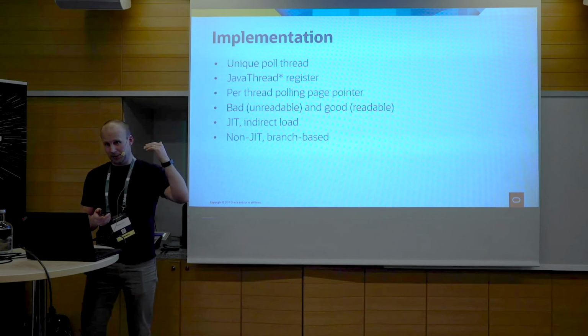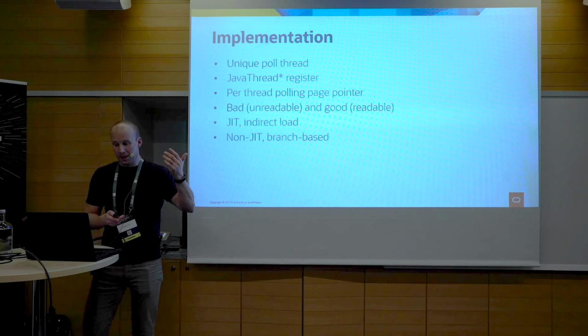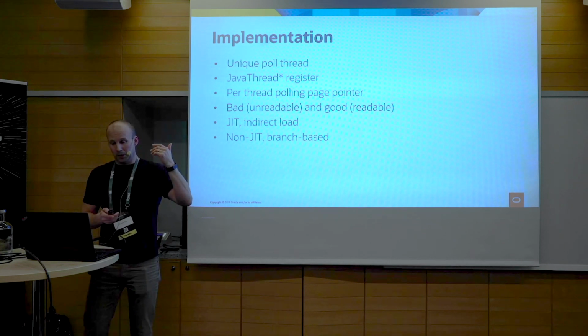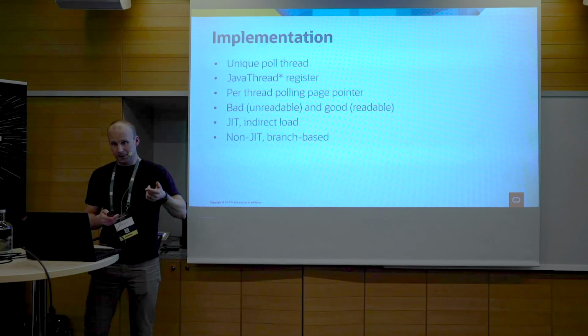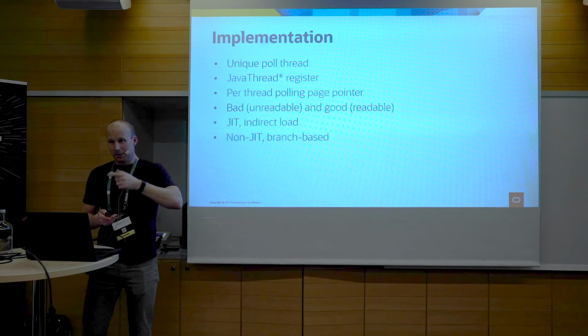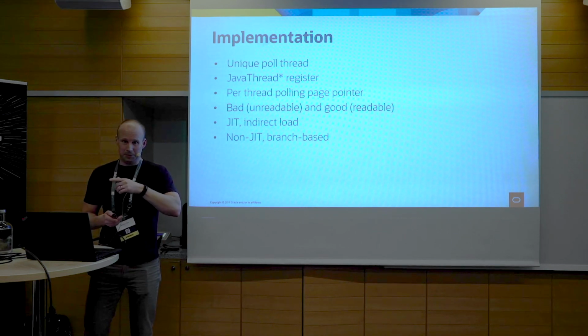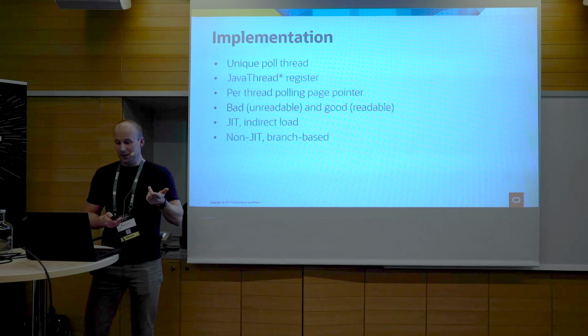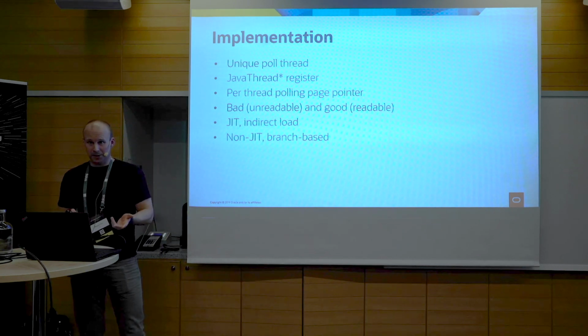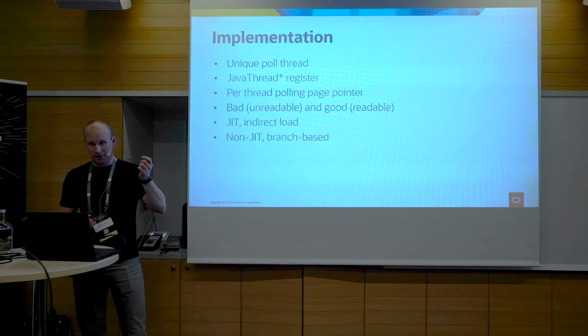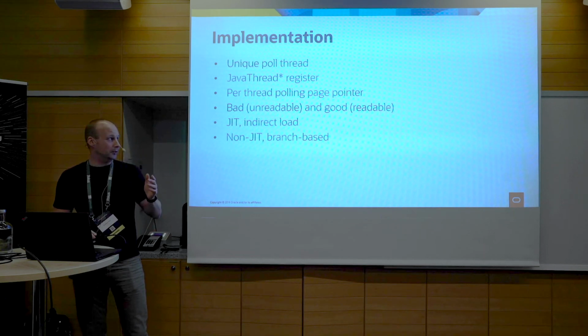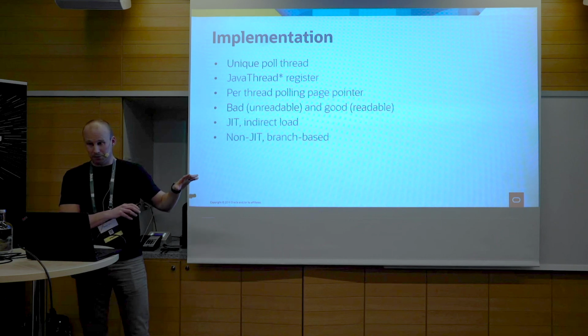So it's really fast to access there. All the threads have a pointer, and that pointer can be set to either poll or not to poll. To do that, we have 2 pages instead of one: one that is bad already, one that is good already. So we don't need to do the mprotect. They are already set up from the start.